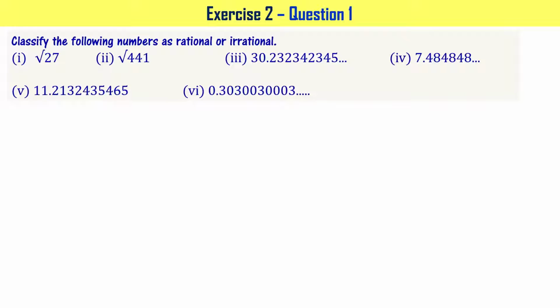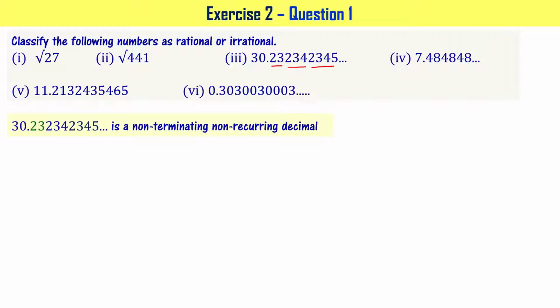As you see here, you have 23, 234, 2345, and so on, right? So now you can say that there is no specific pattern which is repeating, right? Of course, 23, 234, 2345, 23456, and so on, it goes on.